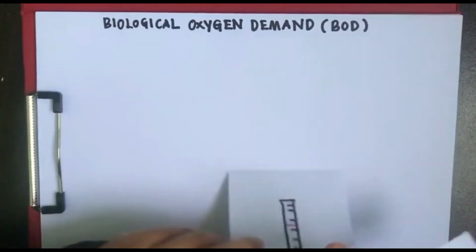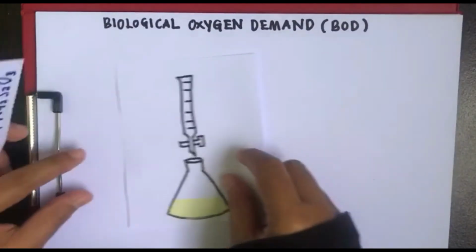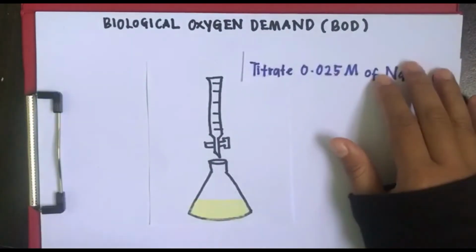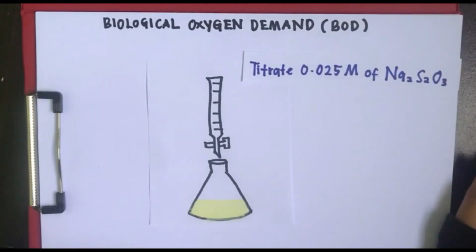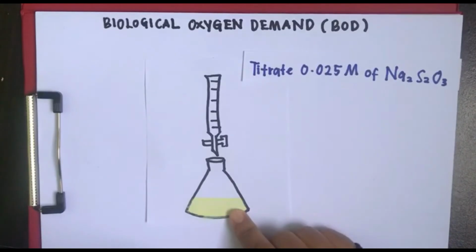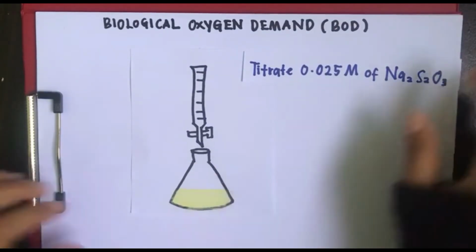Then titrate with 0.025 molar Na2S2O3 solution to a pale yellow color, which is when the color has turned pale yellow.